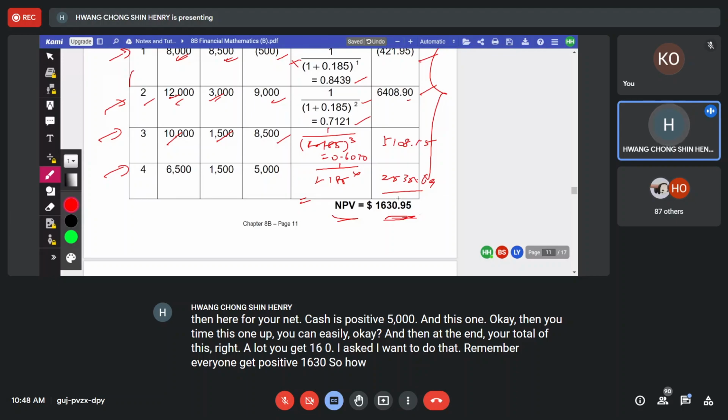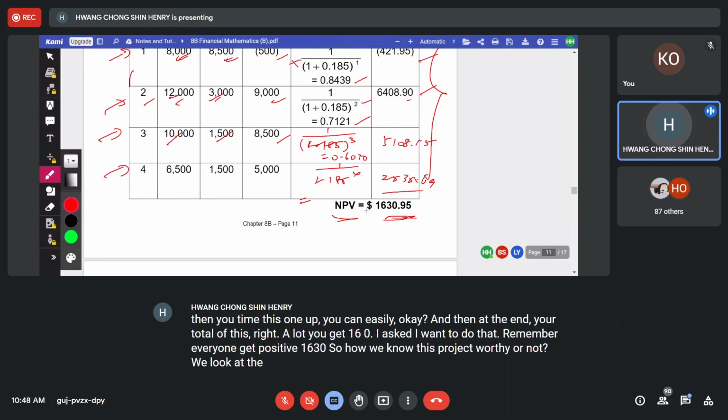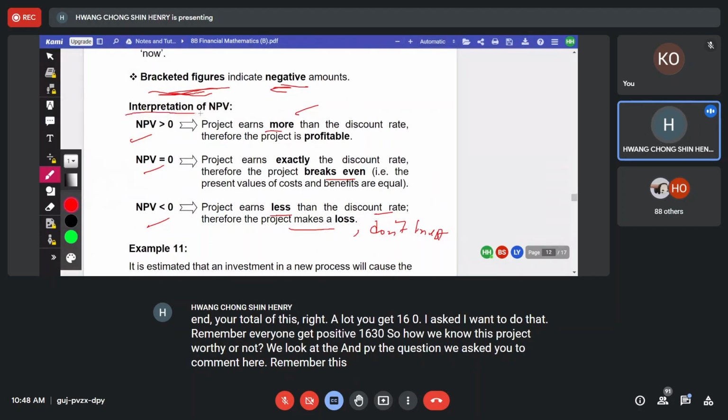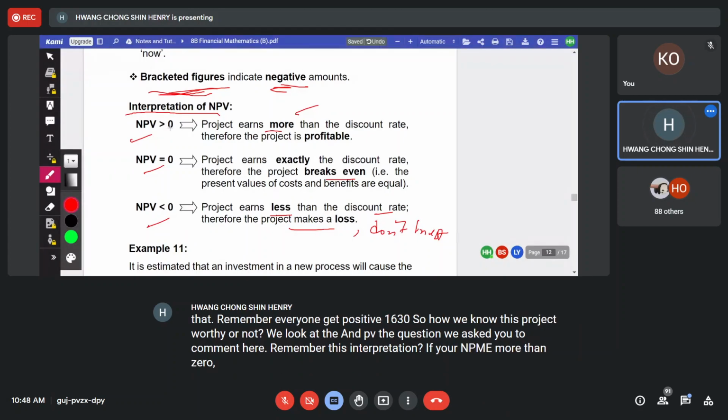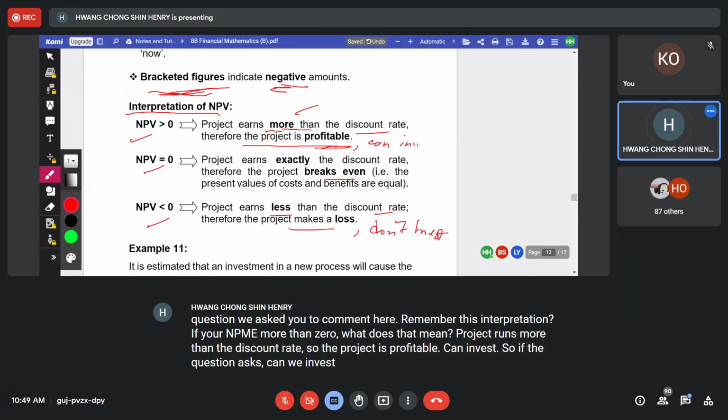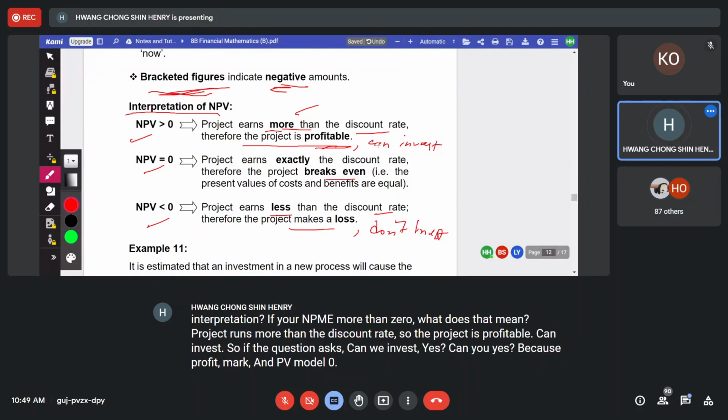So how do we know if this project is worthy or not? We look at the NPV. Remember this interpretation: if your NPV is more than 0, what does that mean? The project earns more than the discount rate, so the project is profitable, can invest. If the question asks, can we invest? Yes, can invest because of profit.